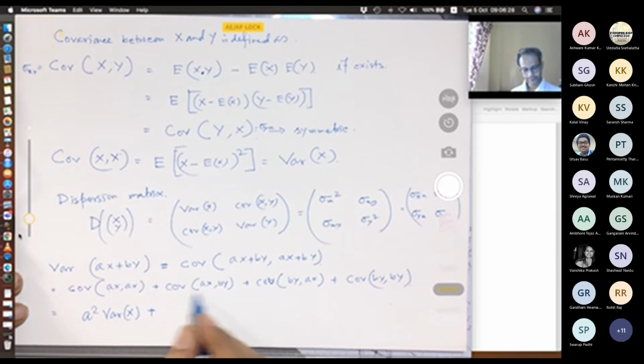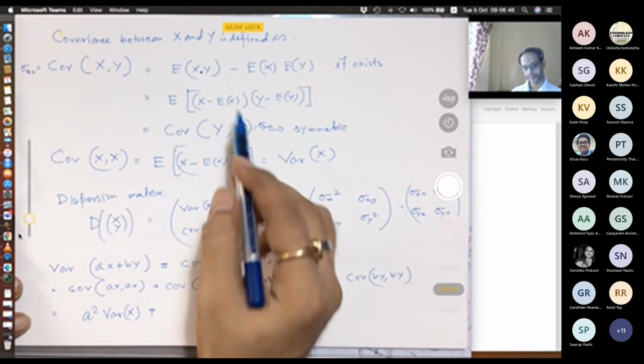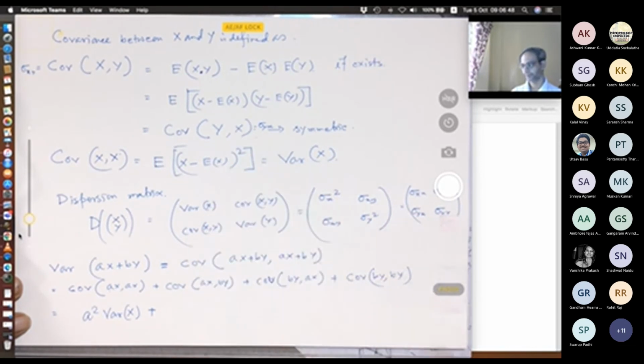What will be this term? Look at this expression and quickly tell me.